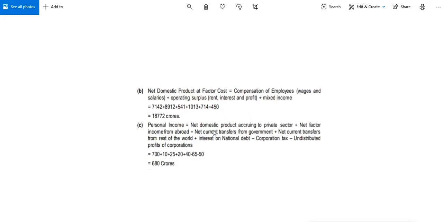All these incomes have to be added together, and out of which the tax element, because to determine personal income, the payments such as tax and undistributed profits have to be eliminated.